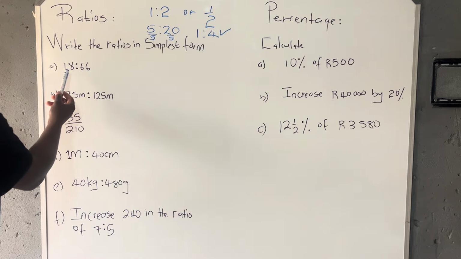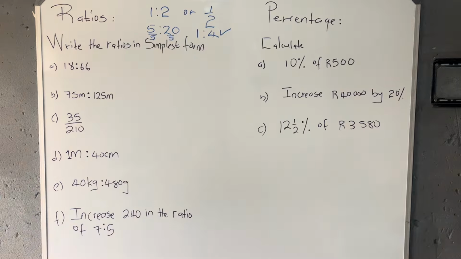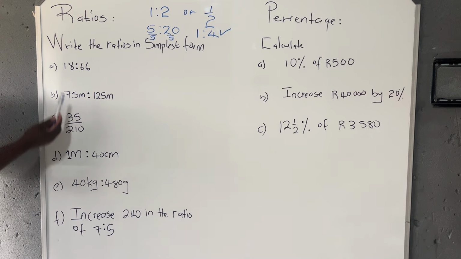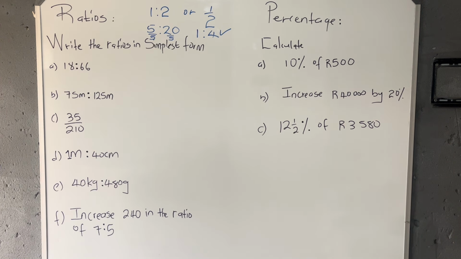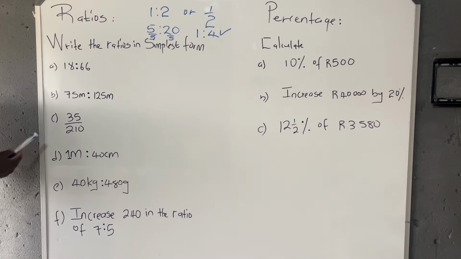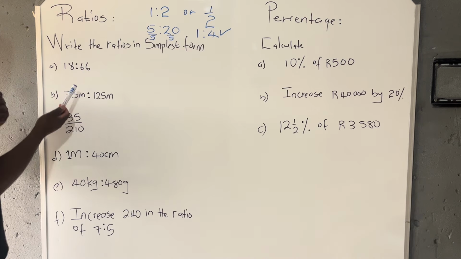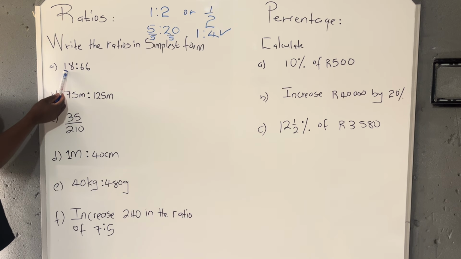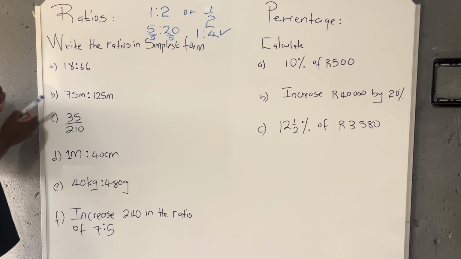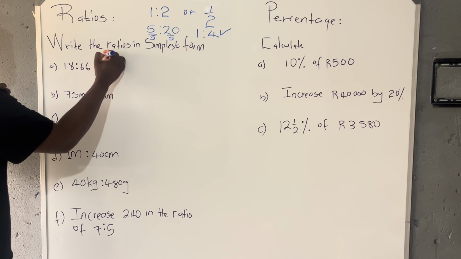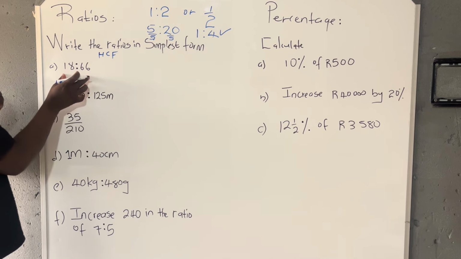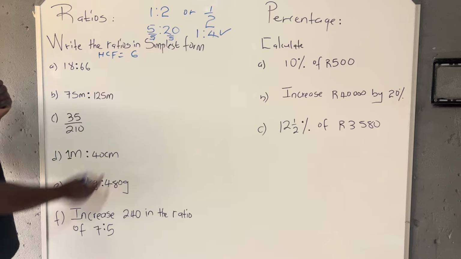Now let's check here. 18 is to 66. From where you are, you can look for the number that goes into both, the highest common factor. Remember, there was a topic based on the highest common factor, lowest common multiple, all those things. Now, it is applicable here. If you search for the number that can fit into 18 and 66, basically the highest common factor between these two numbers, it will be 6.